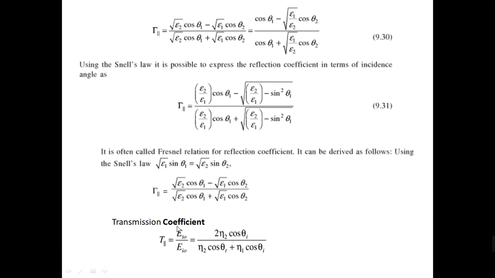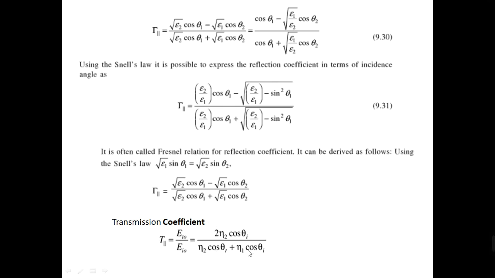Now, if you want to calculate the transmission coefficient, it is nothing but the ratio of the transmitted wave to that of the incident wave. So here, 1 plus the reflection coefficient will be nothing but equal to the transmission coefficient. Using that relation, you can calculate the transmission coefficient for parallel polarization.